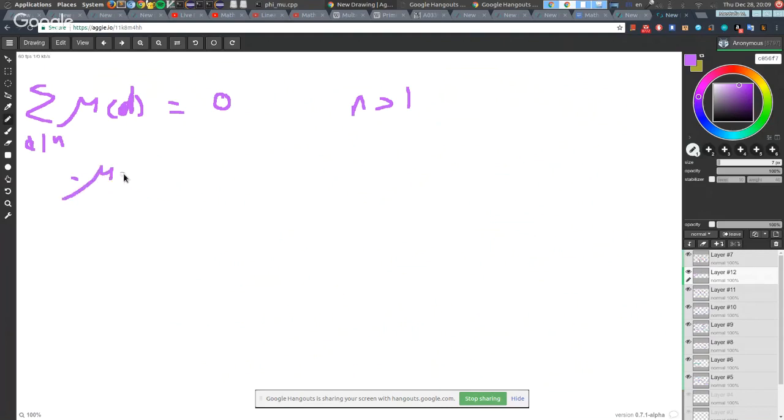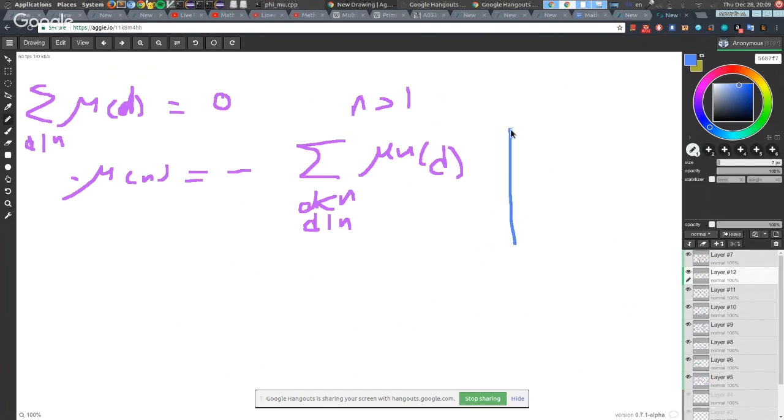So basically you can get 1 if n is 1, otherwise the sum of all the divisors of n, their mu value. So basically this is how we would construct our sieve.